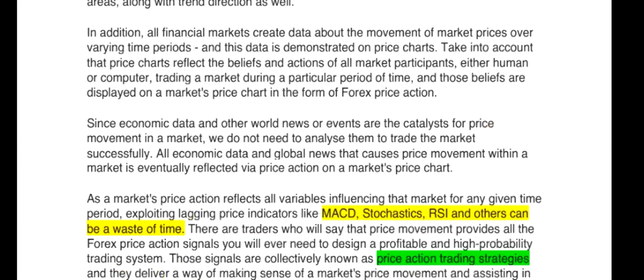So we are coming to this one where it says, since economic data and other world news or events are the catalyst for the price movement in a market, we don't need to analyze them to trade the market successfully. All economic data and global news that cause price movement within a market is eventually reflected via price action on the market price chart.